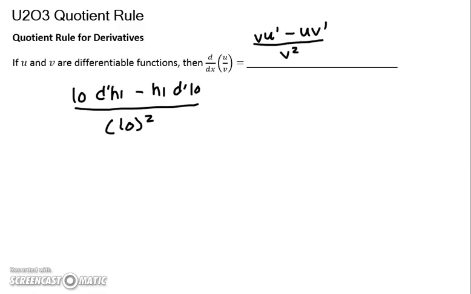So let's look at a couple of real quick examples. First one, find f prime of 2 if f of x is x squared minus 1 over x squared plus 1. So if we're going to find f prime of 2, we're going to need to find f prime of x first.